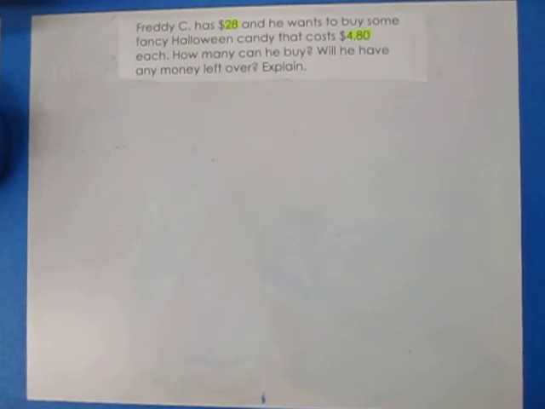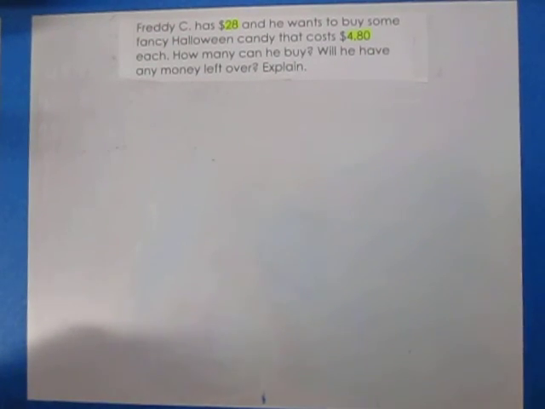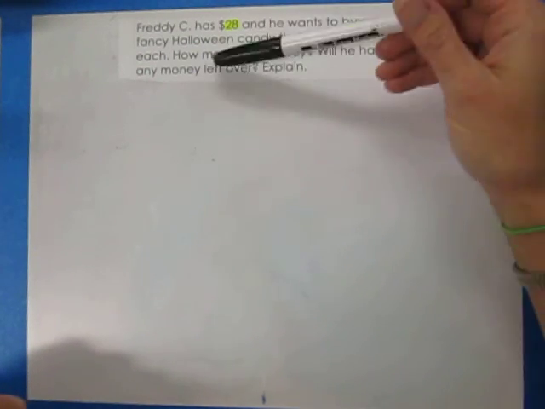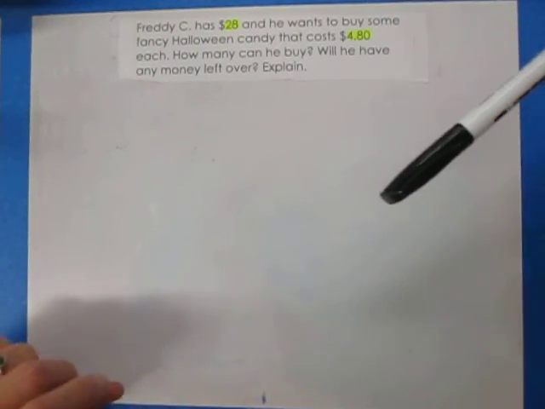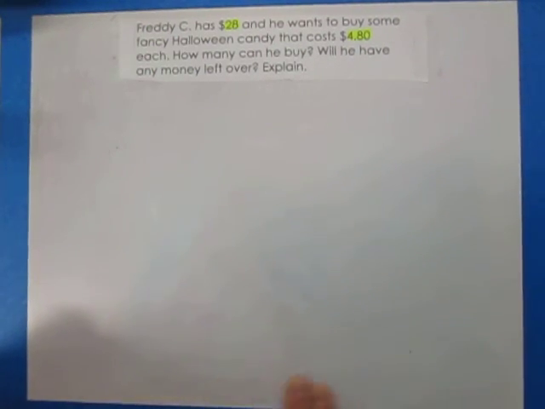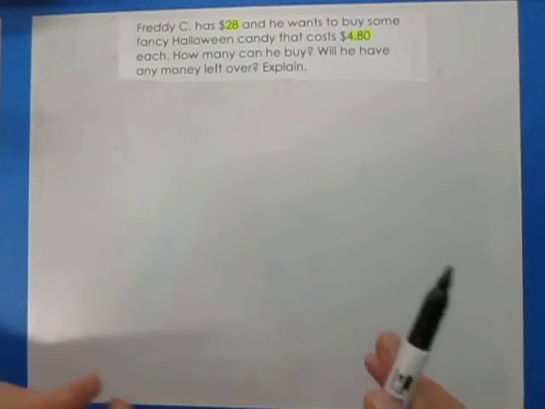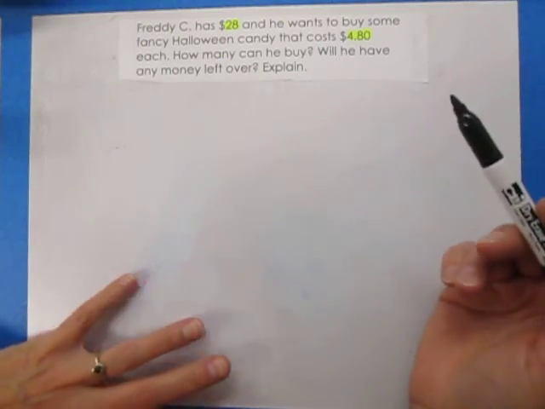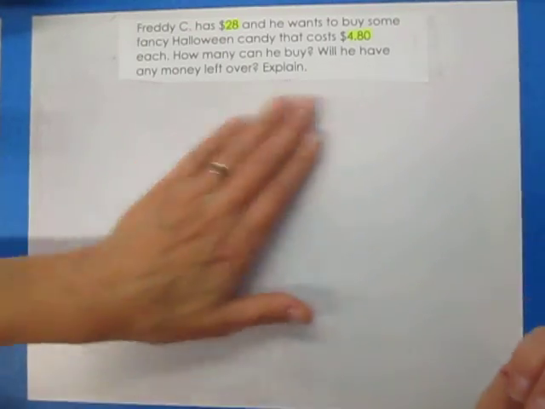Okay, here we have Freddie C again with his candy. Alright, so we got Freddie C has $28 and he wants to buy some fancy Halloween candy that costs $4.80. So, like with the other problem, I think most kids think of this problem in terms of multiplication because it's more straightforward.